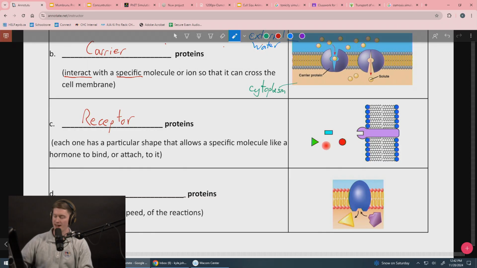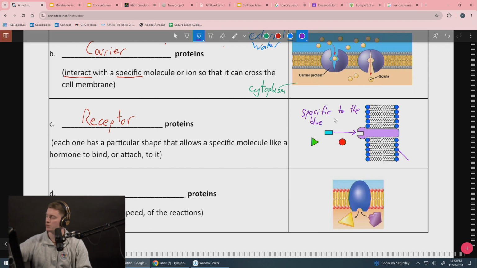If you take a look at this particular diagram of a receptor protein, this blue rectangle would fit in the receptor, but the other molecules would not. So the receptor protein is specific to a molecule. It is specific to the blue molecule.